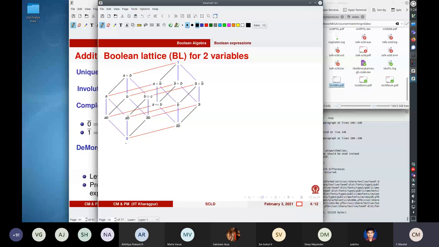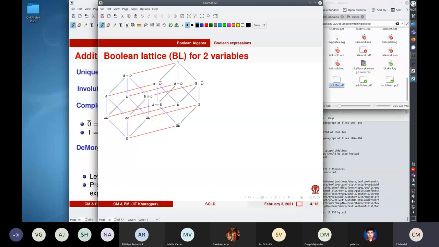So if you have two properties A and B, these are all the possible functions that you can construct with two properties. That means you can have both properties, you can have one property but not the other, and so on.